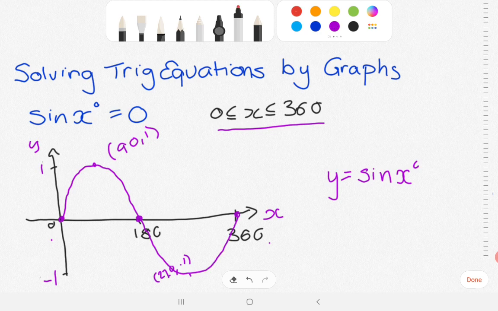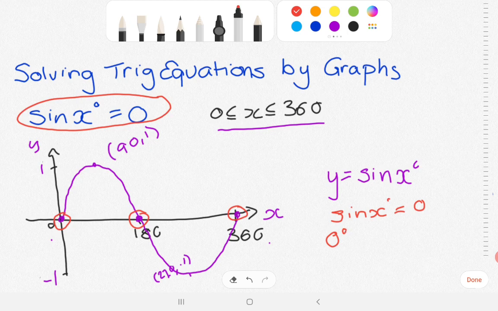So there's our graph. Now if we look at the question, we're being asked where sine x is equal to 0. Well, it's equal to 0 here, and here, and here. Those are the 3 points where the y coordinate would be 0. So our answers to sine x degrees equals 0 would be 0 degrees, 180 degrees, and 360 degrees.